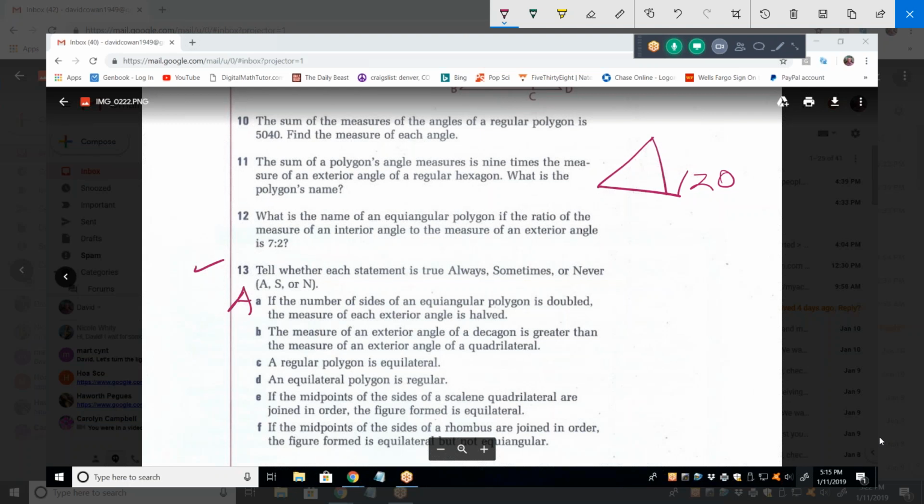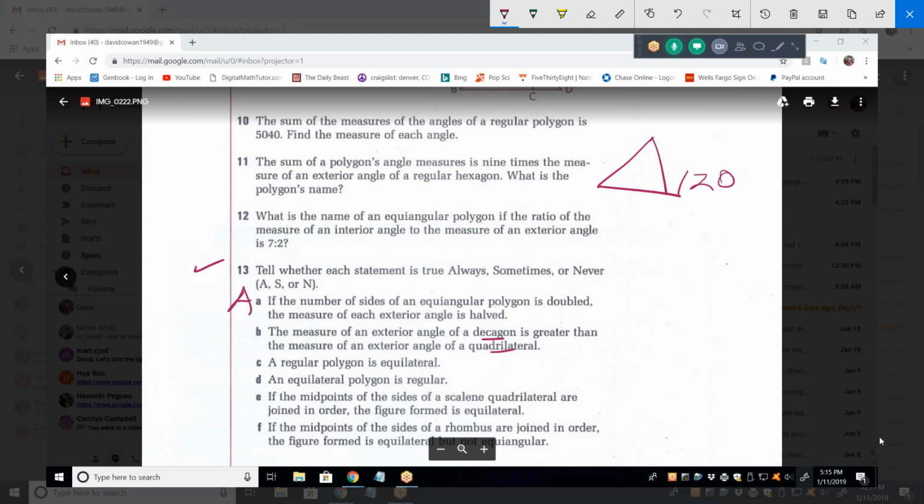The measure of an exterior angle of a decagon is greater than the measure of an exterior angle of a quadrilateral. What happens to the exterior angle as the number of sides goes up? Does it go down or go up? It goes down. Okay. So a decagon has more sides than a quadrilateral.